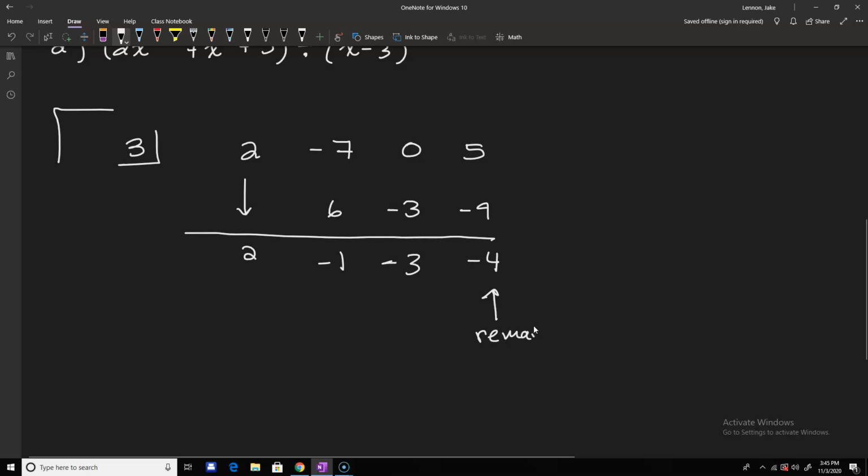And then each of the other terms are going to go according to the typical degree. So this is going to be degree 0. This is going to be degree 1. And this is going to be degree 2.